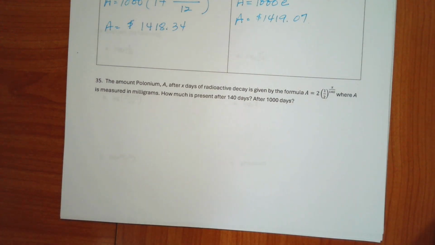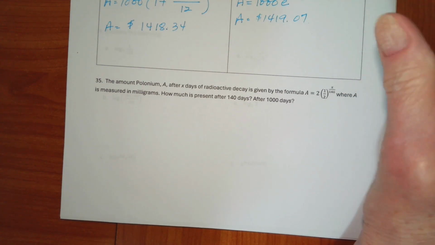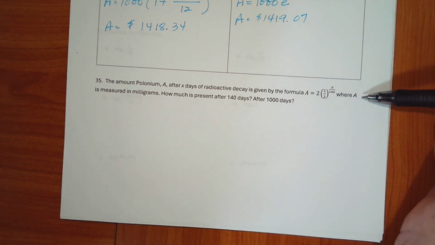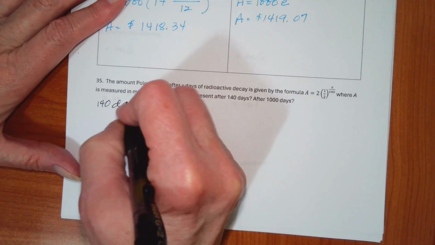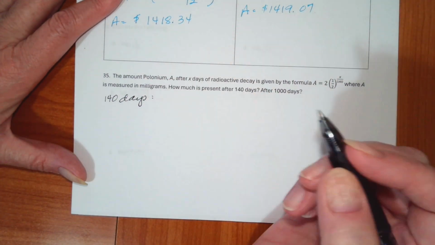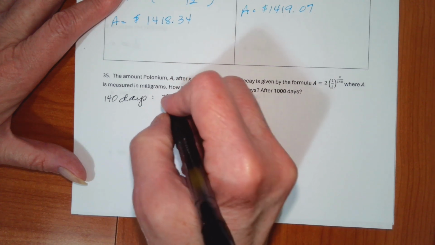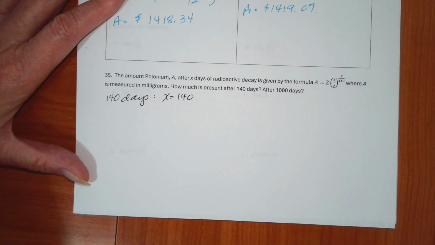Okay, the amount of polonium A after x days of radioactive decay is given by this formula where A is measured in milligrams. How much is present after 140 days? And then after 1,000. So 140 days means that x equals 140.